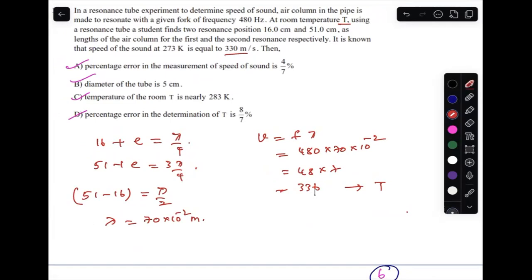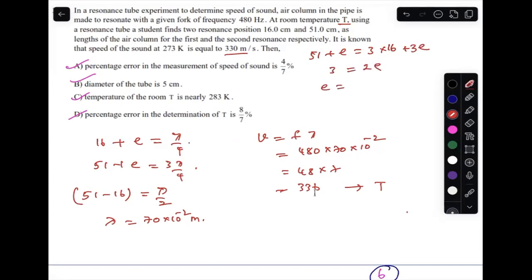How to find the diameter of the tube? You find the end correction. How to find the end correction? 51 plus E equals 3 times 16 plus 3 times E. 3 times 16 is 48, and 51 minus 48 is 3. Don't forget that is again in centimeters.